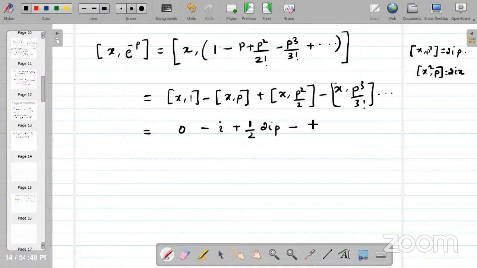Similarly, what is [x, p³]? It is a 1 by 3 factorial, 3 into i p². Right? Goes like this.